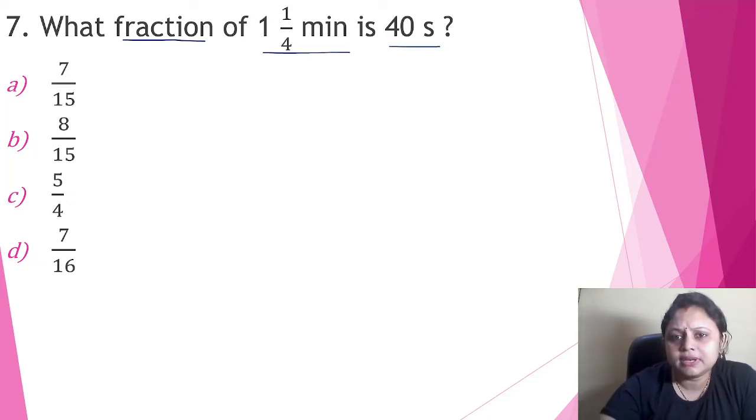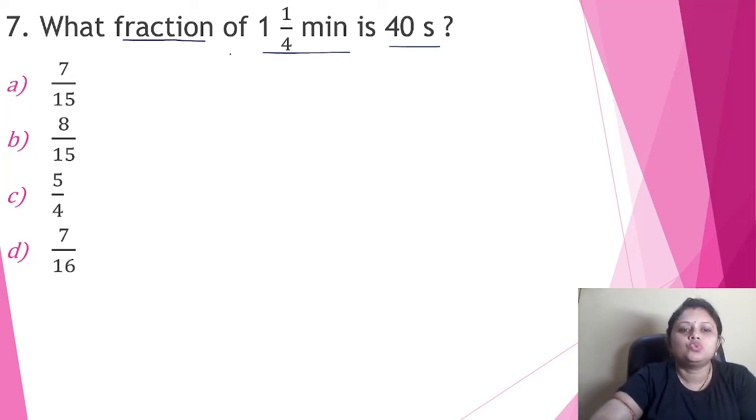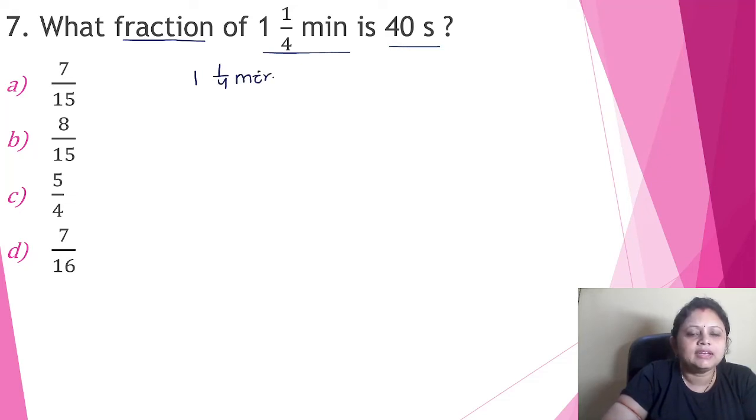Here one is in minute and another one is in second. So we have to convert the minute into second. After that only we can find the fraction or ratio. So 1 whole 1 by 4 minute is equal to 5 by 4 minute.